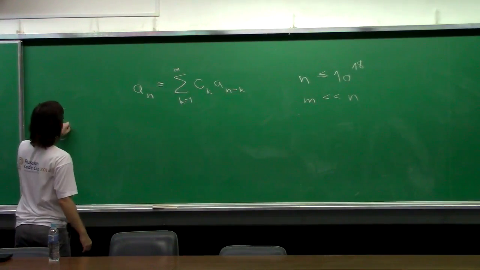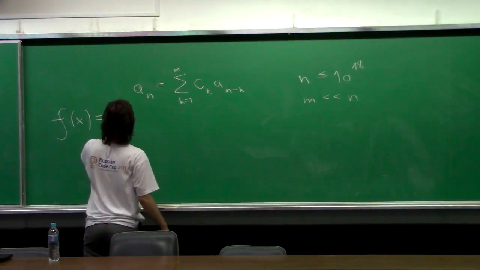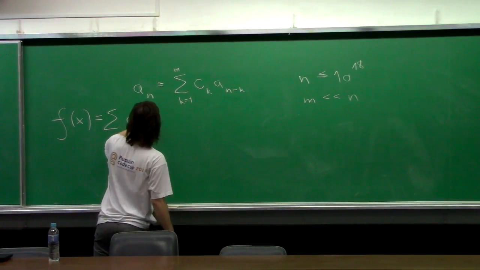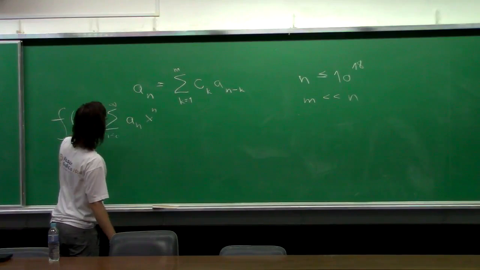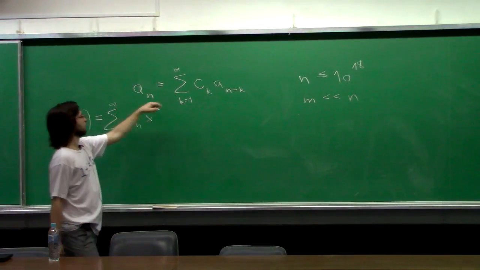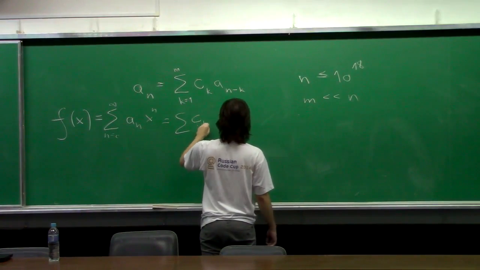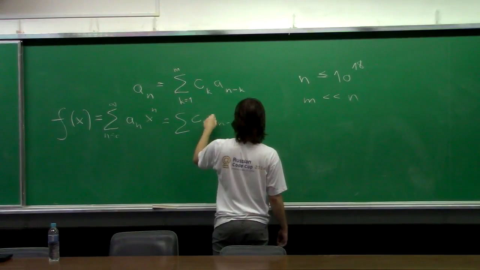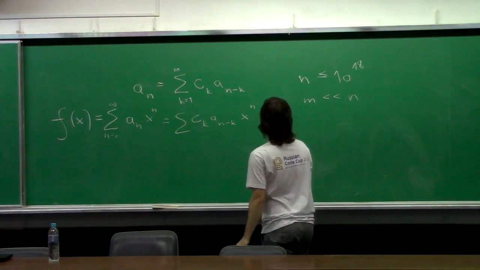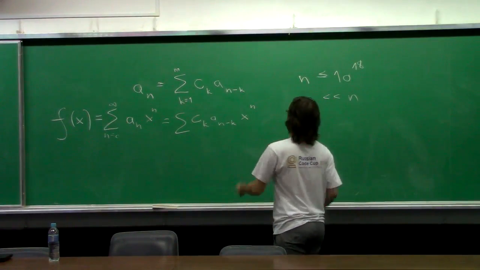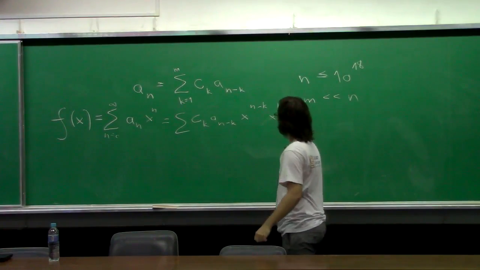So if we have some function f(x) equals the sum of a_n x^n, where n goes from 0 to infinity, then we can apply this formula and make it a sum of c_k a_{n-k} x^n, where x^n can again be split into x^{n-k} and x^k.